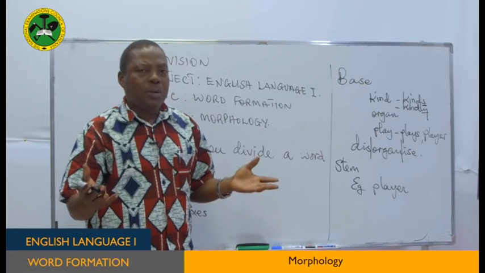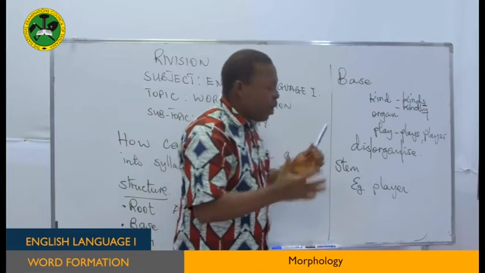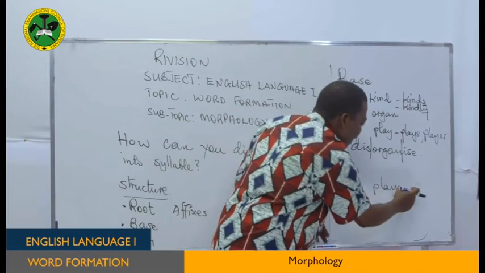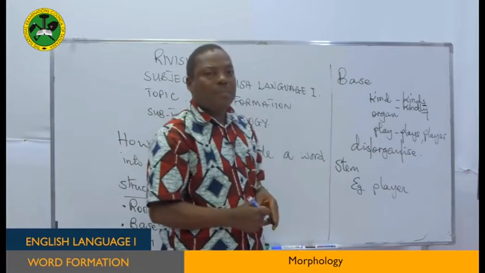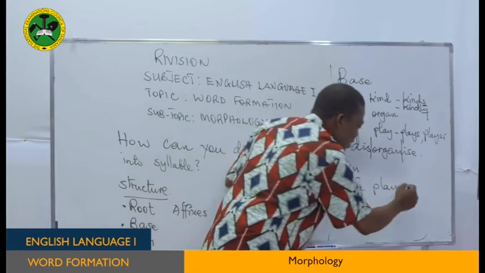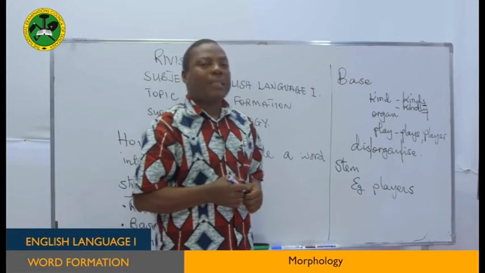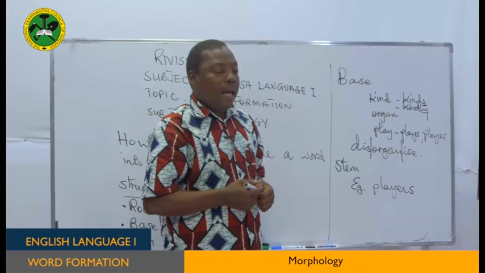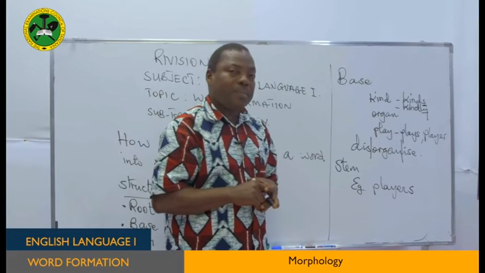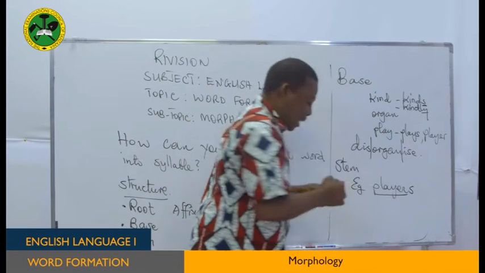Why and how? It qualifies to be a stem simply because when we think of attaching an element either at the end or at the beginning, it is only the inflection S that can be accepted, and not any other type of attachment. So for that reason, we call this word a stem.